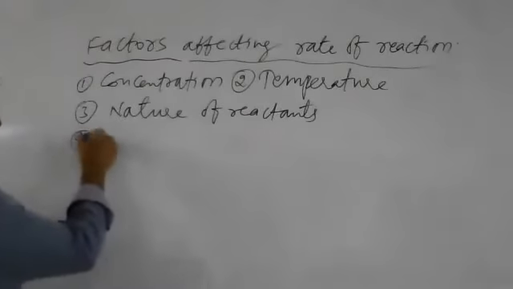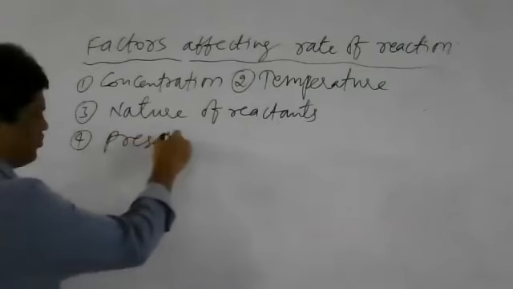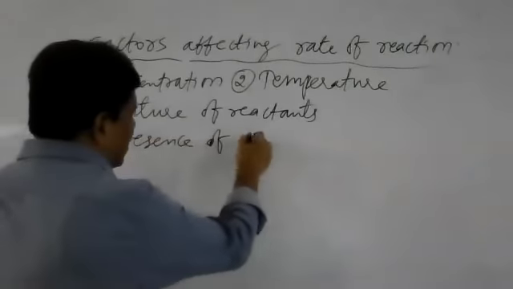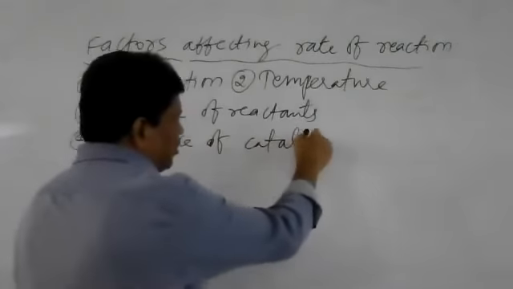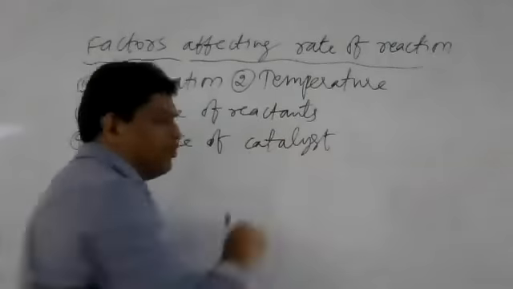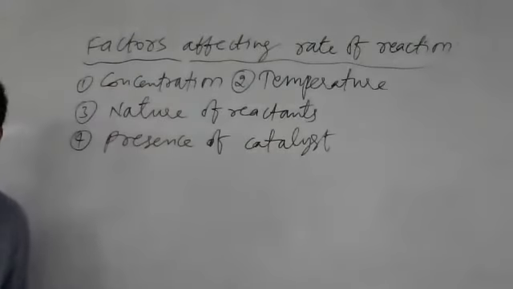Then we have the presence of catalyst. The presence of catalyst also will influence the rate of reaction. The rate of reaction is influenced by concentration, temperature, nature of reactants, presence of catalyst, and also exposure to radiation.